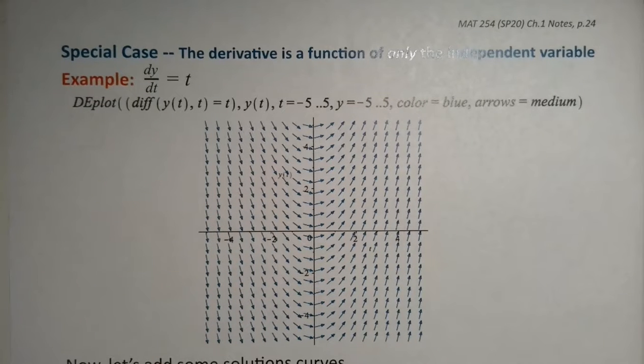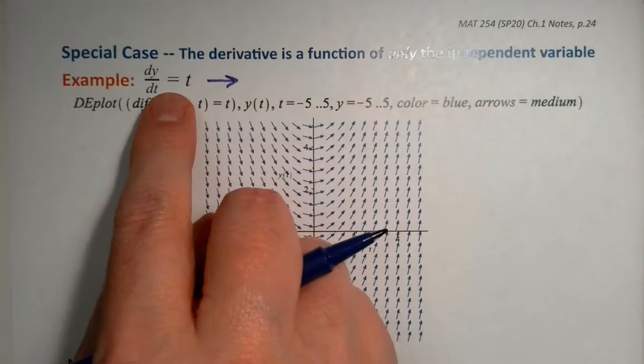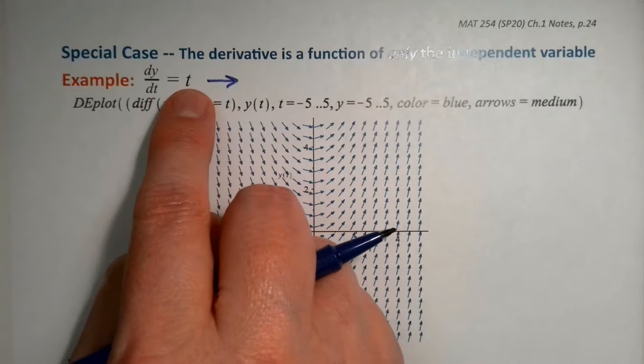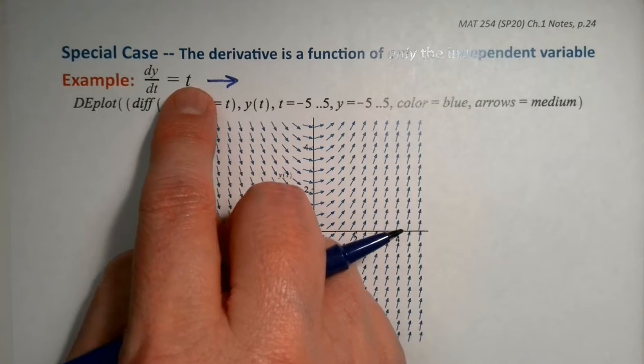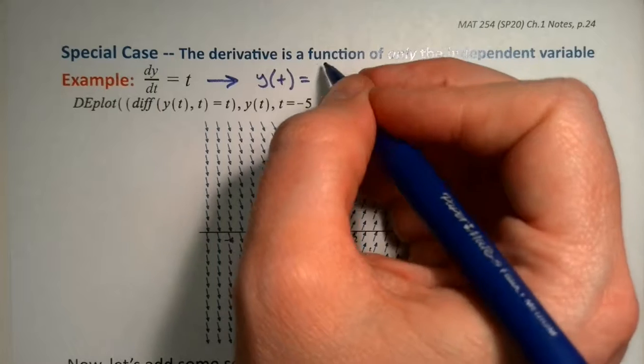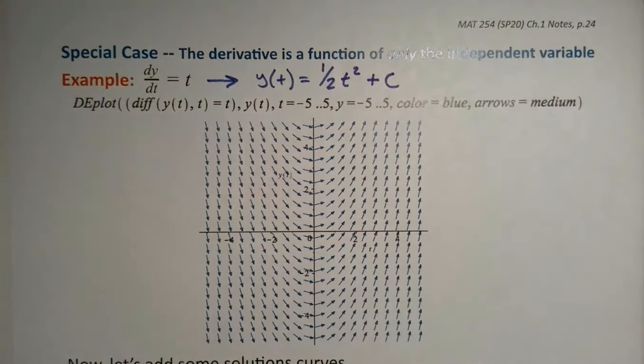Now, we know how to solve this differential equation, right? This would have been a differential equation that we would have solved in Calc 1. This is like dy/dx equals x. We know that every solution to this is going to be of the family 1/2 t squared plus a constant.